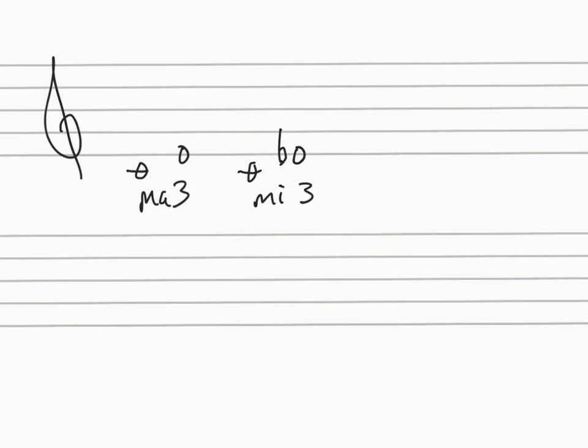So here are some examples of what I'm talking about. If C to E is a major third, then I can narrow that by lowering the top from E to E flat. So this is major third and this is minor third.